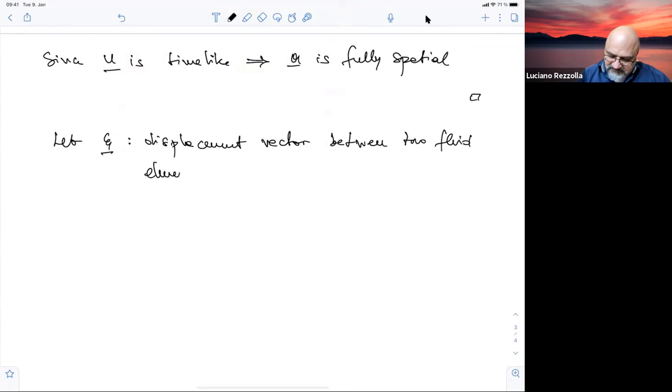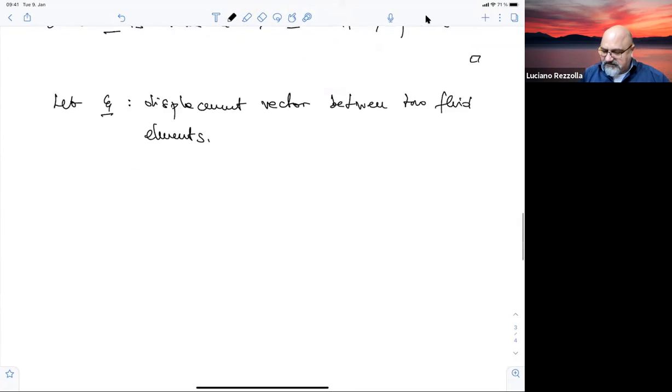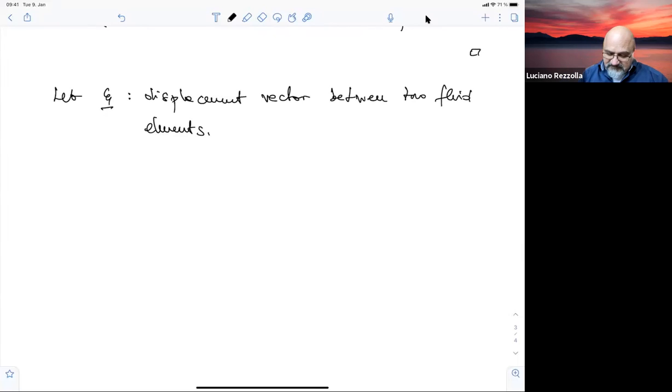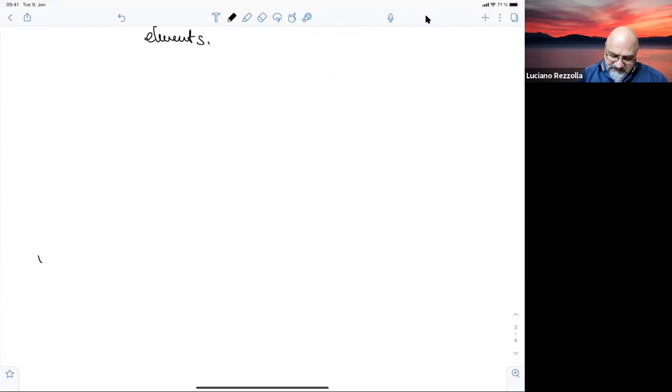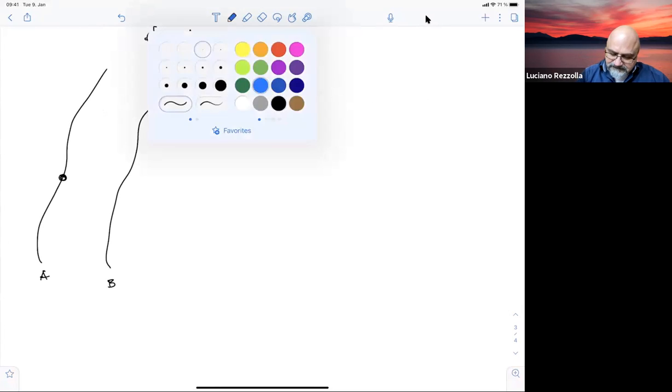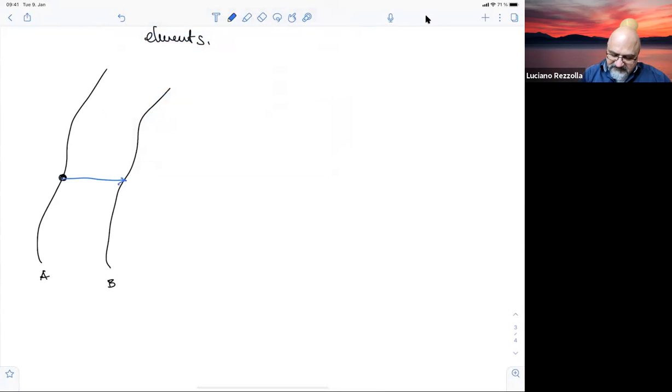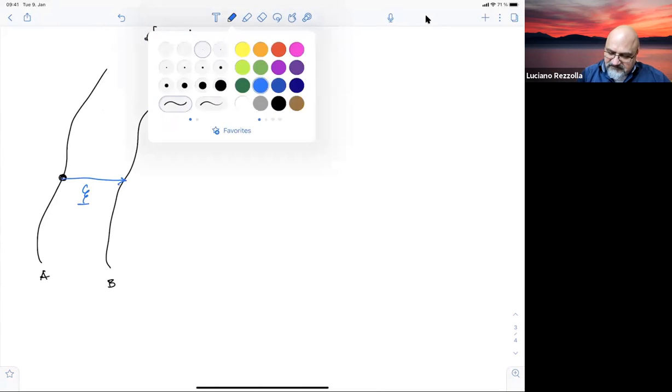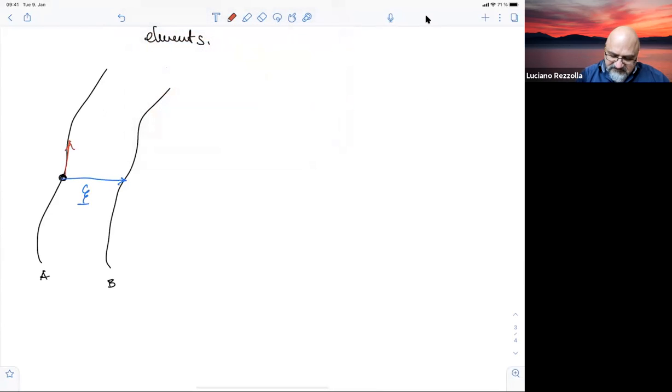I hope my handwriting is not too bad. It's not easy to write on the iPad, and I want to go a bit fast today. So I have two fluid elements now. I call them A and B. I have a given displacement vector psi, and as before, I have my tangent vector U.